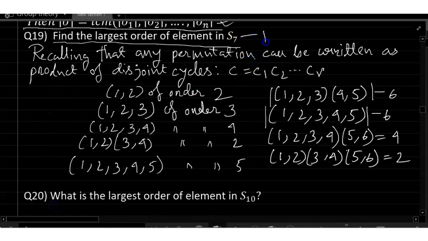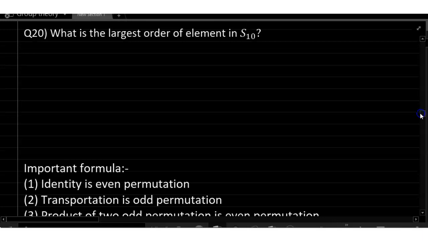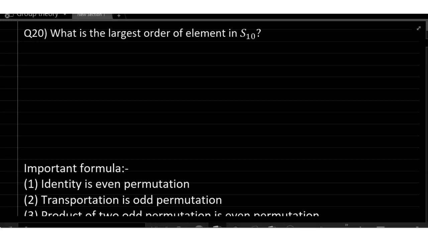So this is my... similarly question number 20. How can I find the largest order of an element in S10?